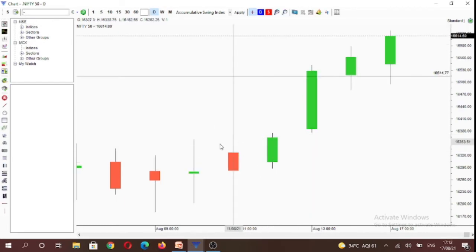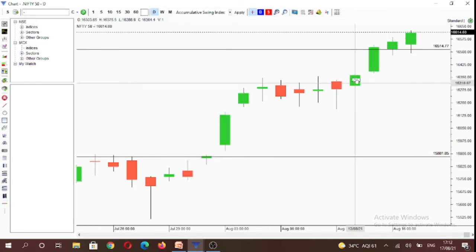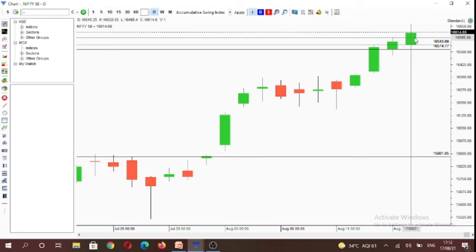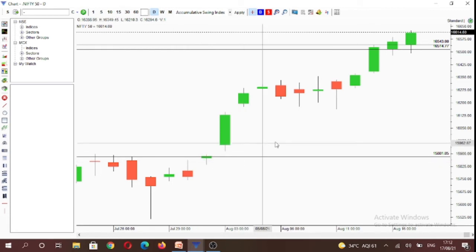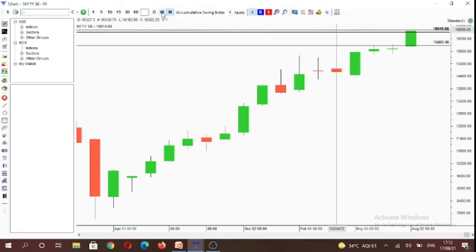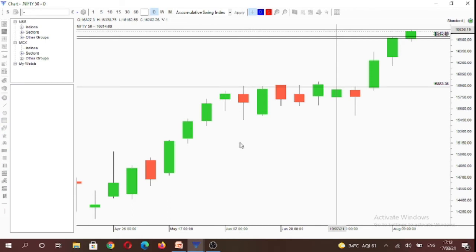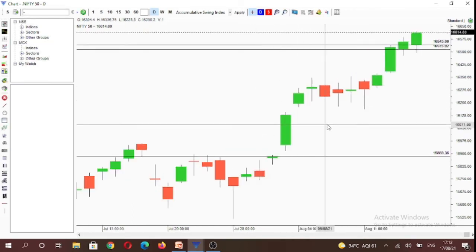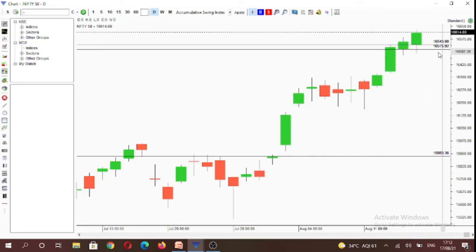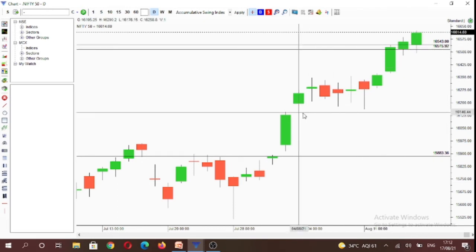And if we see the daily time frame, here you will see that above today's daily open, that is above 16,545 level, we had a situation of full time frame continuity, that is on all the time frames, monthly, weekly, as well as the daily, the market was under control of buyers, and they were aggressive in lifting the offers.